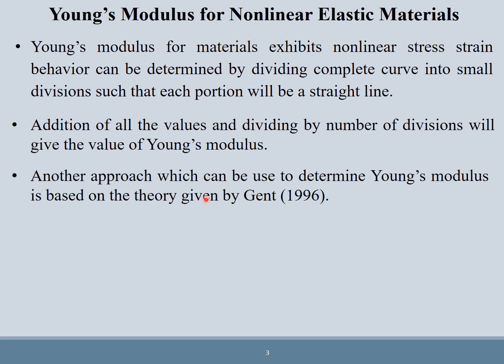Another approach which can be used to determine Young's modulus for a nonlinear elastic material is based on the theory given by Ghent in 1996. So Ghent proposed that by closely looking at the stress strain behavior of rubber-like materials, he found that at initial deformation, the material can be approximated to a straight line.